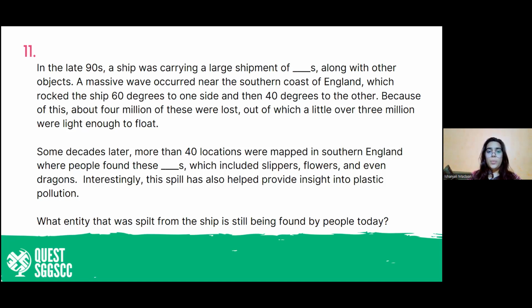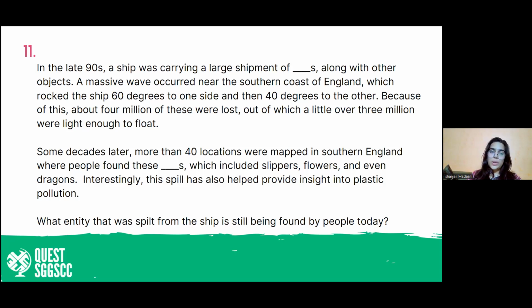Some decades later, more than 40 locations were mapped in southern England where people found these dashes, which included slippers, flowers, and even dragons. Interestingly, this spill has also helped provide insight into plastic pollution. What entity that was spilled from the ship is still being found on people today?